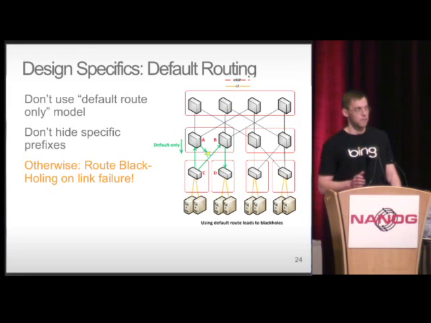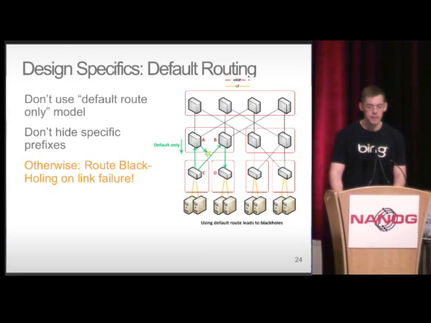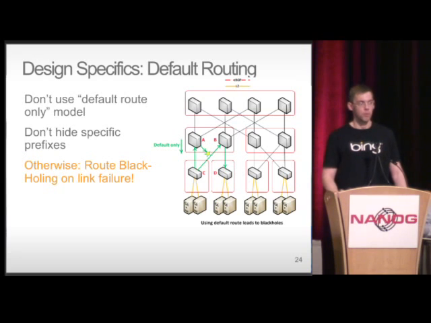Let's take the first specific summarization case, default routing. Let's say your leaf switches only send default route to the ToR switches. Say in our case, A and B send default route only to the ToR switches to improve scalability and reduce table sizes. What's going to happen if a link from A to D fails?